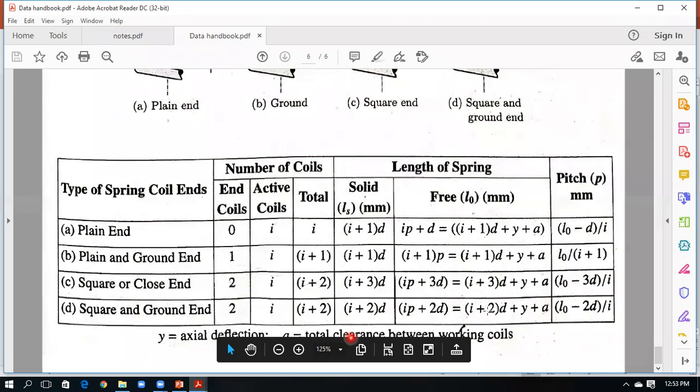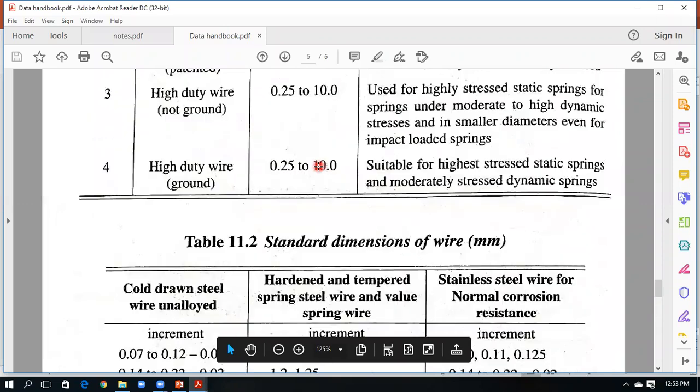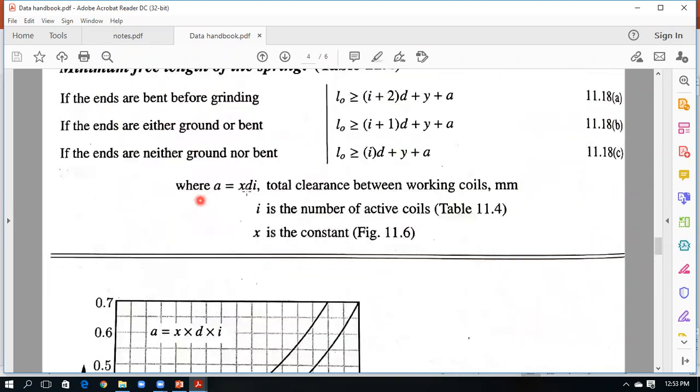Free length L0 is equal to I plus 2 into d plus y plus a, and this a value you can take from the formula x into d. In this case, I is the number of active coils you calculated in the previous step. Substitute that. The diameter is also calculated.